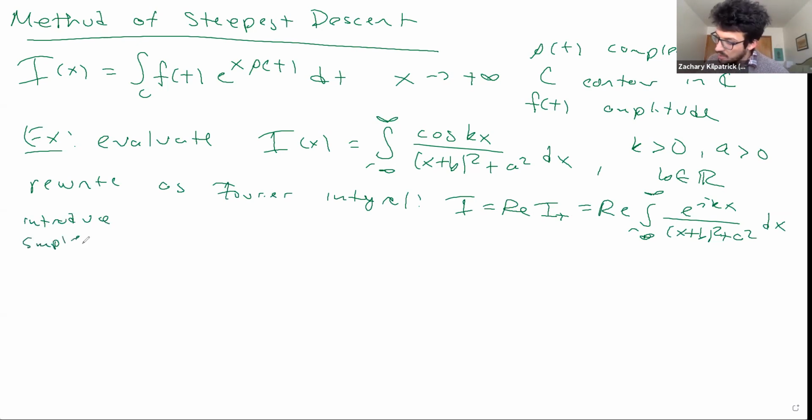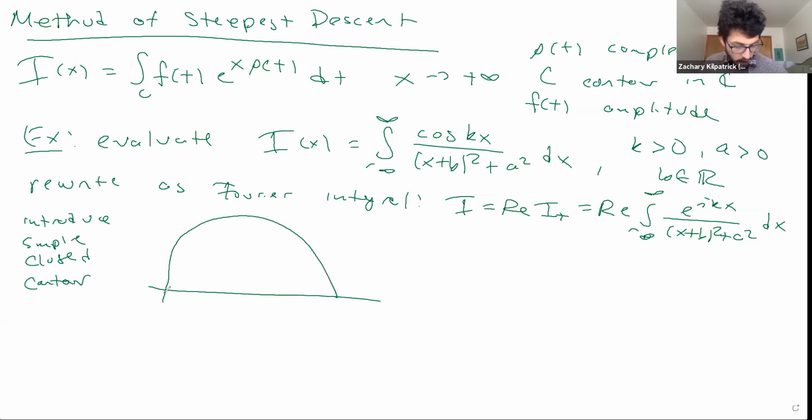Then we introduced a simple closed contour that lives in the complex plane. We have a half circle whose radius is going to grow towards infinity, but for a fixed R, we can write down the integral.